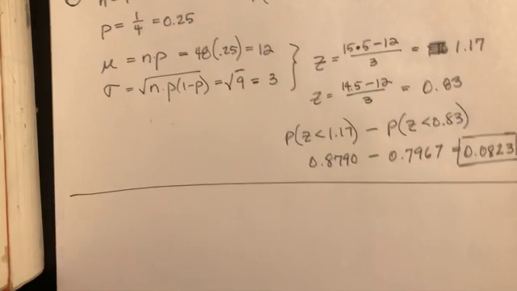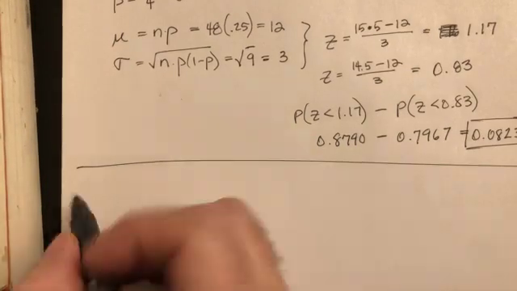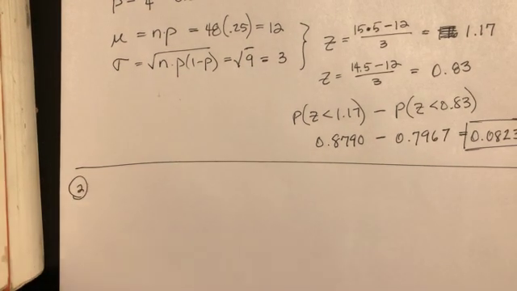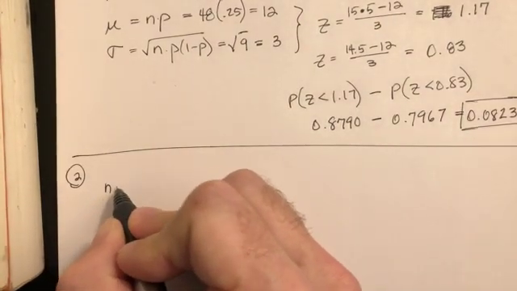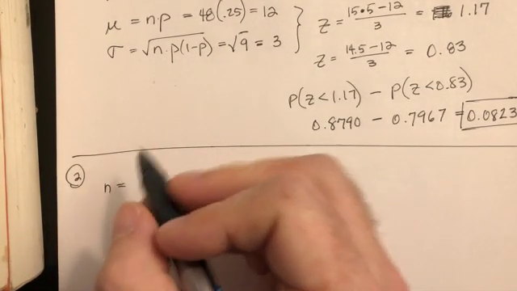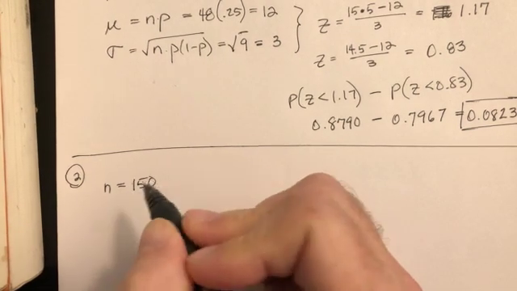That's how you find exactly using a normal distribution. And number 2, which is much more useful of a thing to do, is to find it when it's fewer than. So first of all, let's say what n is. We got 150 advanced reservations.